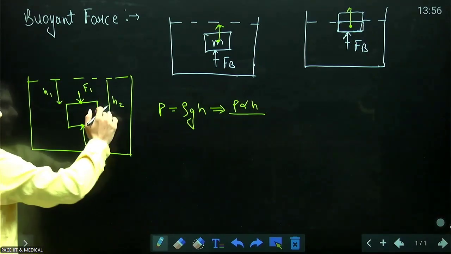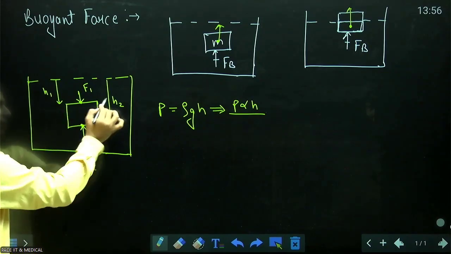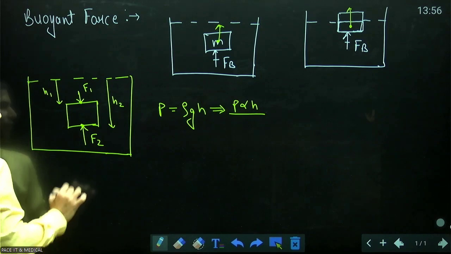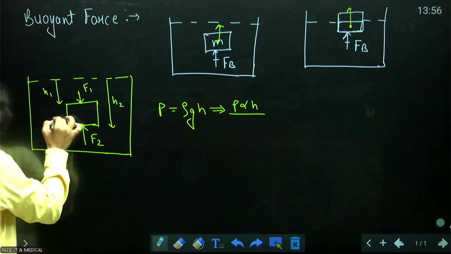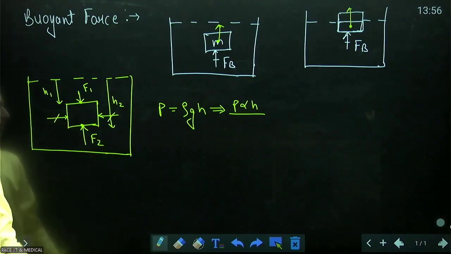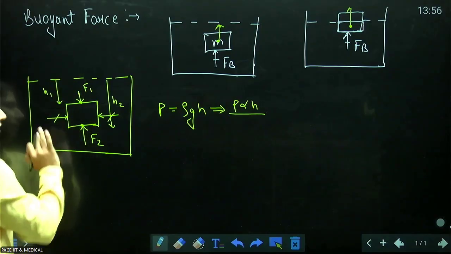We know in a stationary liquid, the pressure is the same at a horizontal level. At a given depth, pressure is the same. So the horizontal forces acting on the sides will be equal, so they will cancel out, right? So the net force will be in the upward direction only.